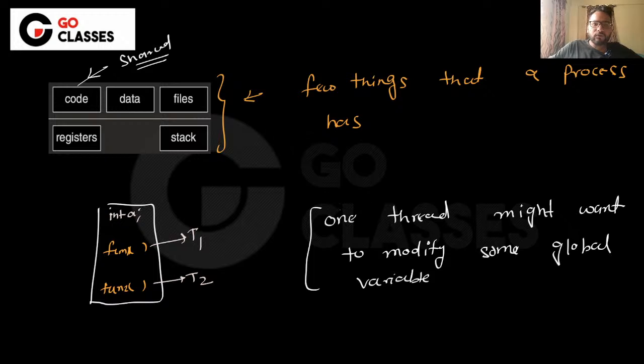Now let's continue. So basically you will be sharing the data. Data means the global variables or the static variables. Generally data means this only, right? Global and static variables. Files means whatever files this process is using. Let's suppose this is using some files, then obviously these files will also be shared.